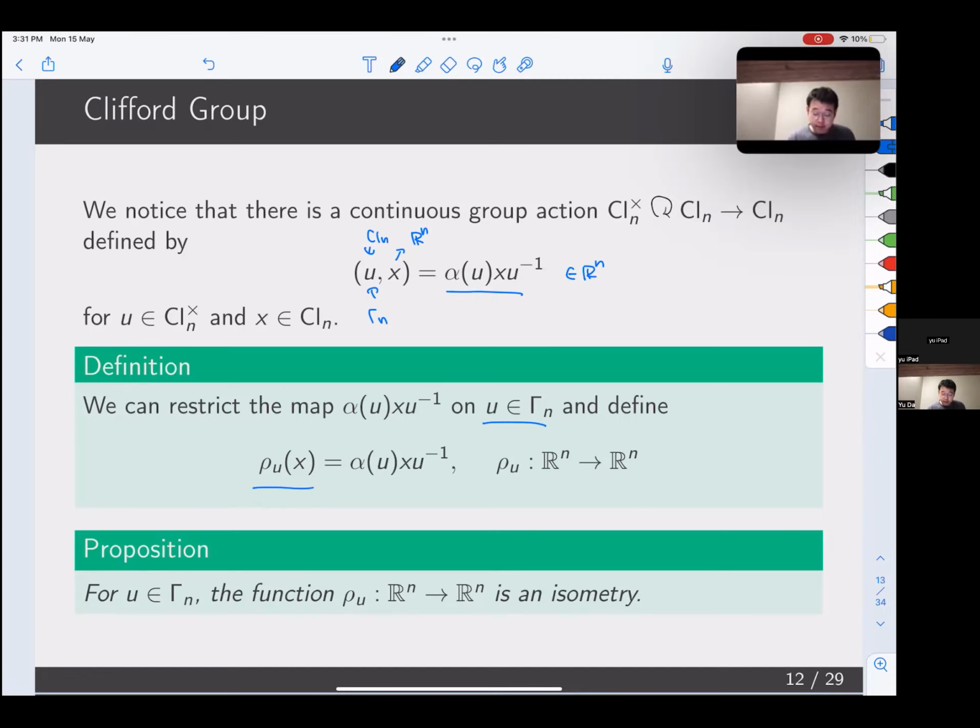And we see that rho U is Rn to Rn for U inside gamma n. Next, we see that rho U from Rn to Rn is an isometry.